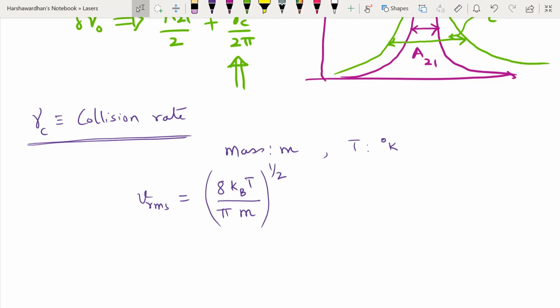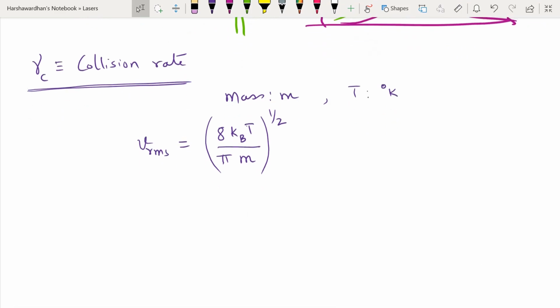Of course, what we are interested in obtaining is not really the average velocity, but the average relative velocity, because collisions are going to depend on the relative velocity with which the atoms are coming towards each other. So it is the relative velocity that is going to play an important role.